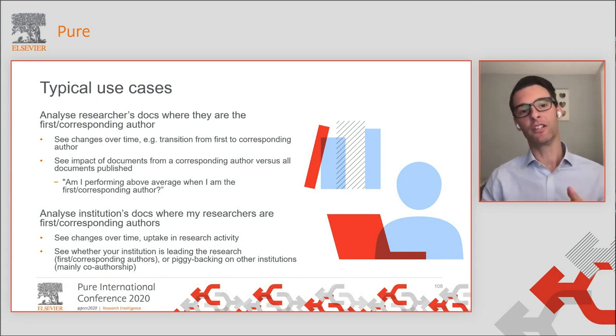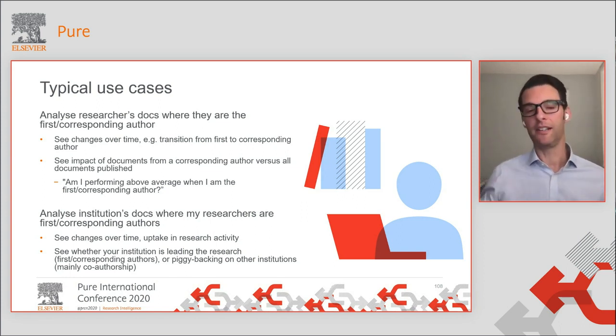Can I see a transition in my history from being a first to a corresponding author, or maybe starting from just being a co-author to being a first or corresponding author? When you look at an institution, obviously you can see the change over time. So what's the change in our research over time? But also, are we leading the research, or are we kind of piggybacking on other institutions, so being just a co-author?